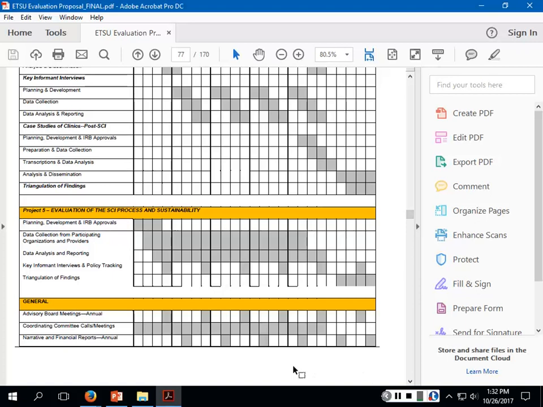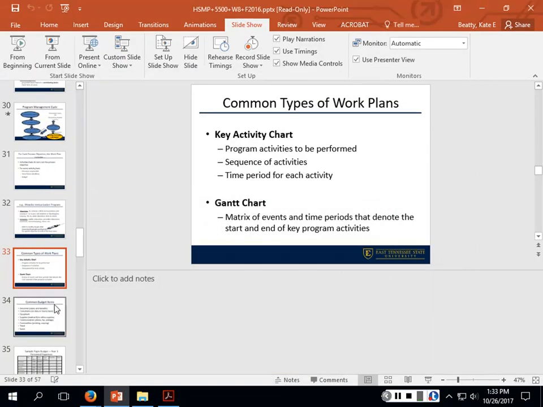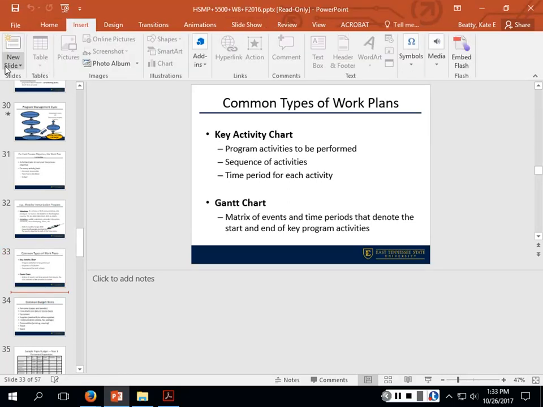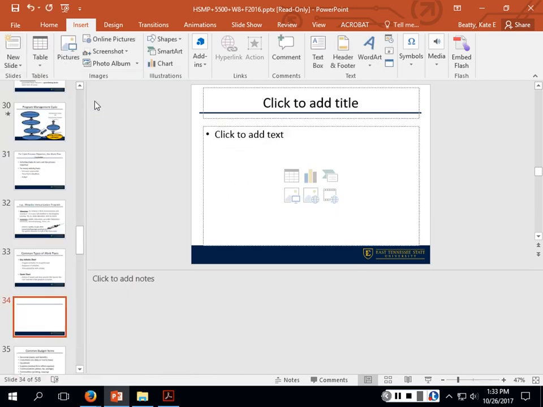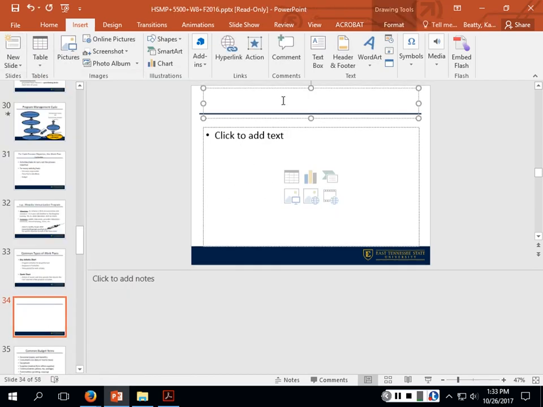So again, this is just one format. For your project, you're going to do what we call the key activity chart.